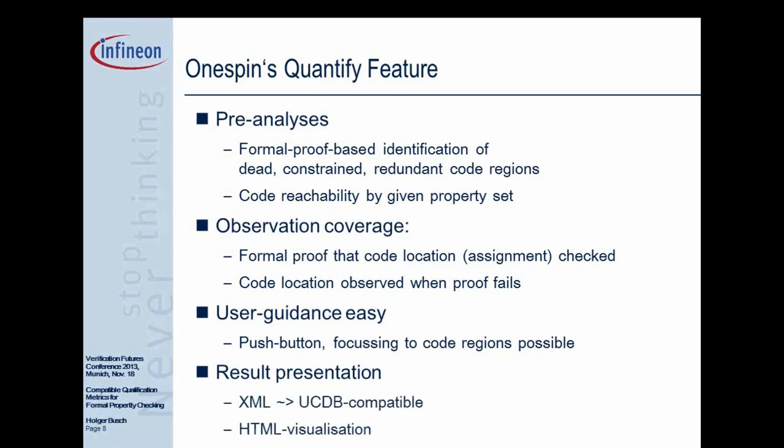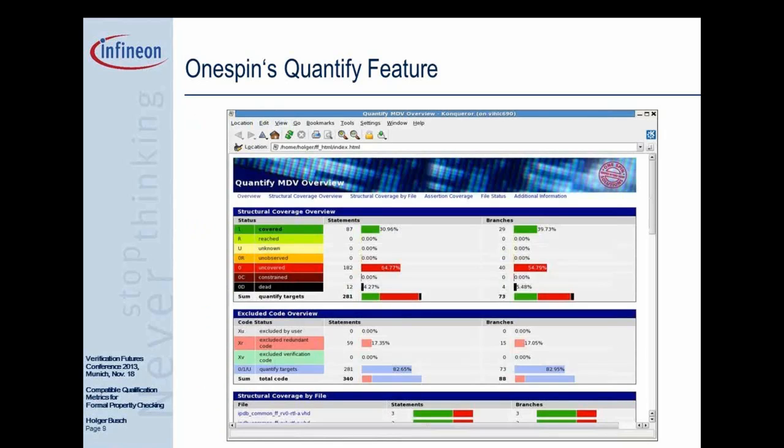And the result is then presented in different formats. You get an XML format, which you can load into a UCDB database and merge with simulation metrics, and you get an HTML visualization, which you can open in any internet browser. Like here, this is how it looks for a very, very simple example. You get some statistics on top for each module which is covered.